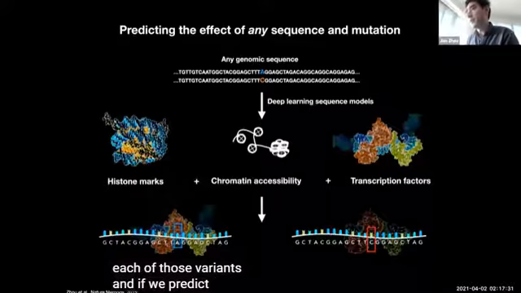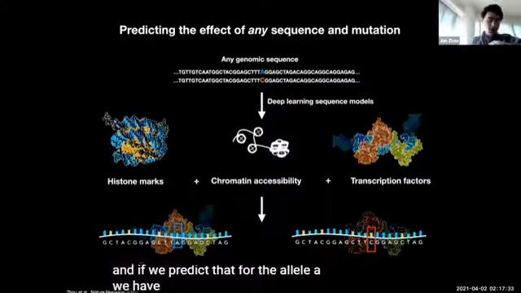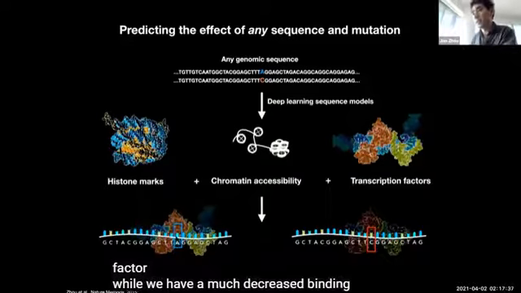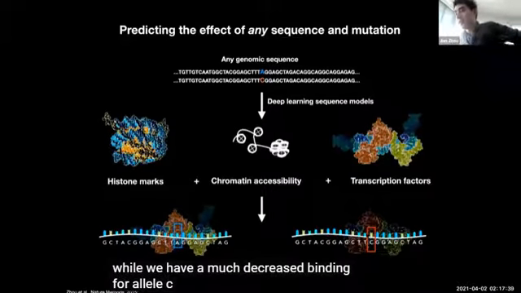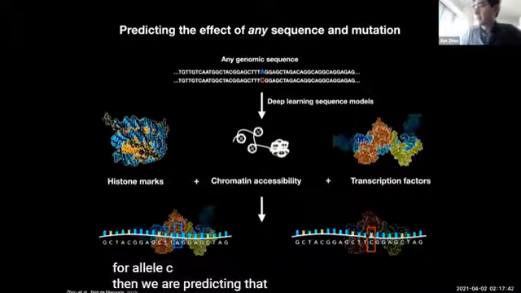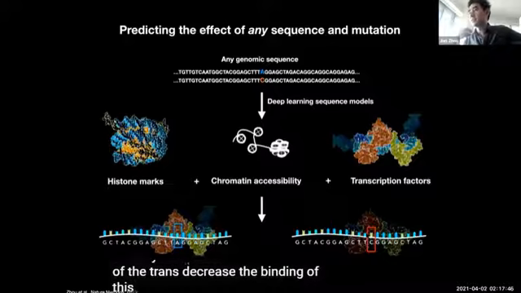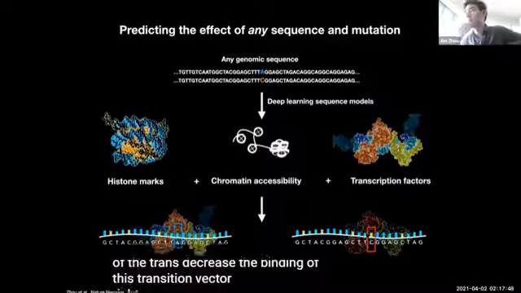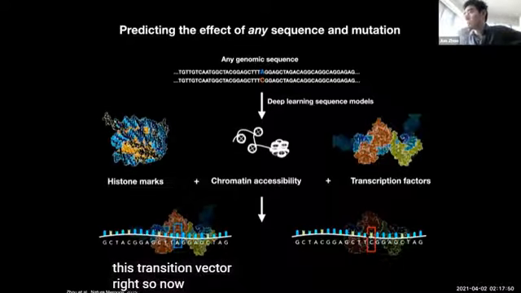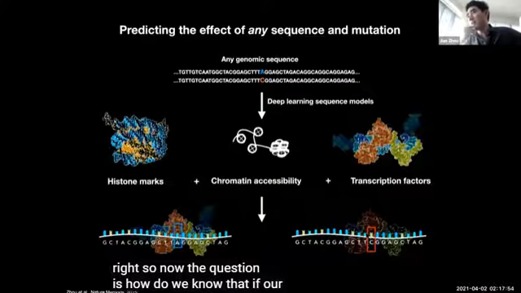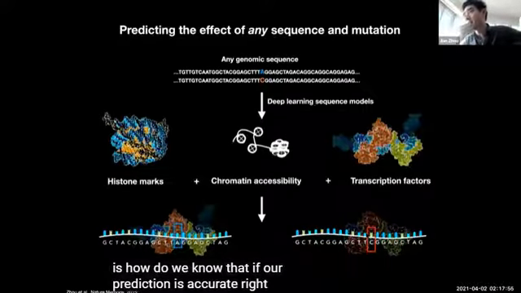If we predict that for allele A we have a high binding of this transcription factor, while we have a much decreased binding for allele C, then we are predicting that this variant decreases the binding of this transcription factor, right? So now the question is, how do we know if our prediction is accurate?